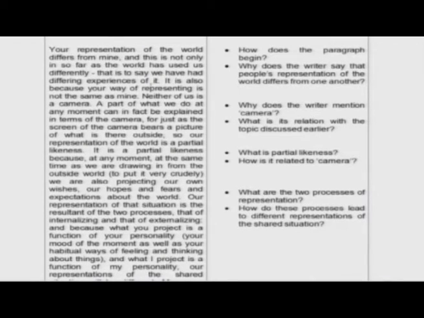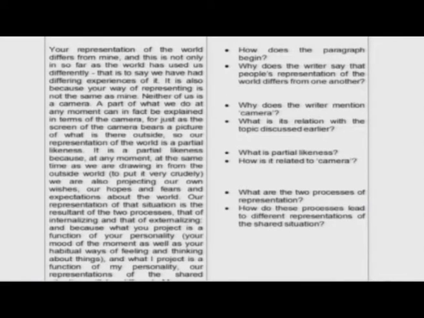Let us look at where the word camera appears. Neither of us is a camera. A part of what we do at any moment can in fact be explained in terms of the camera, for just as the screen of the camera bears a picture of what is there outside, so our representation of the world is a partial likeness.